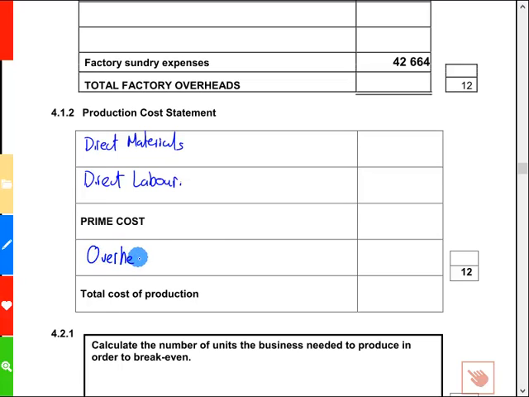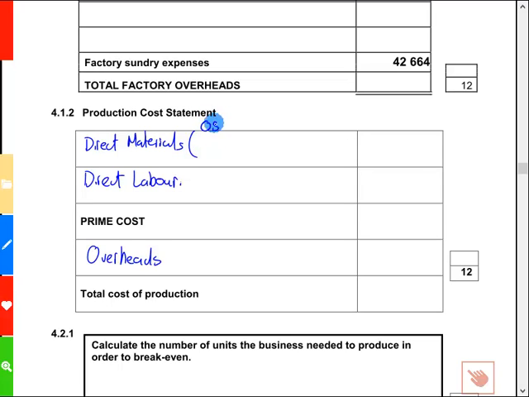Okay, so very important here to know your formats. You shouldn't even think 1 second about any of these. Immediately when you get this, you should put down your format, and then you should go and fill in the necessary information. So we know direct materials. How are we going to calculate the direct materials used in production?